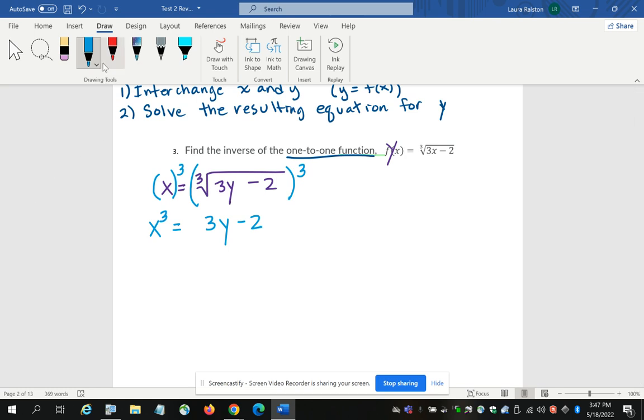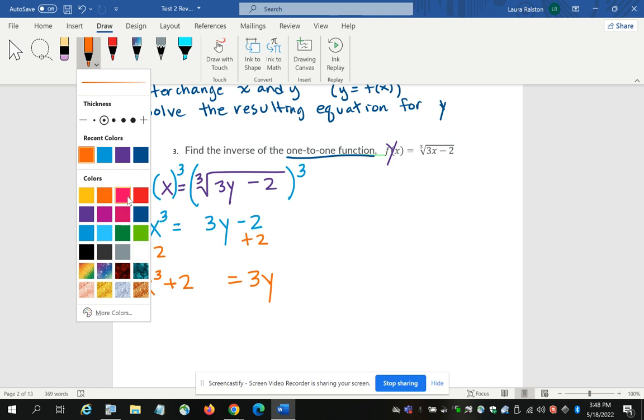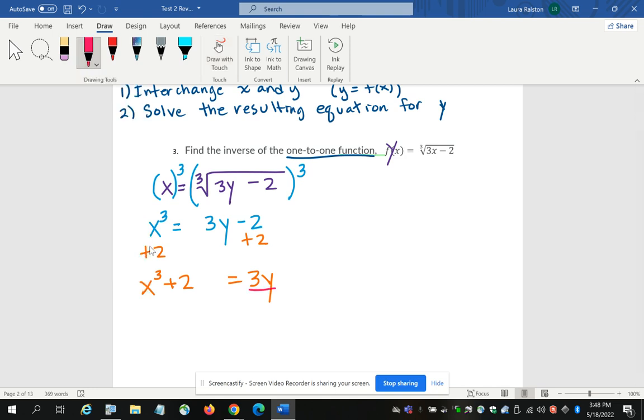Again, I'm trying to isolate the y, so I'm going to add 2. That gives me x cubed plus 2 equals 3y. Again, I'm trying to solve for y, so then I'm going to divide both sides by 3, so that I have x cubed plus 2 all divided by 3, and that equals y.